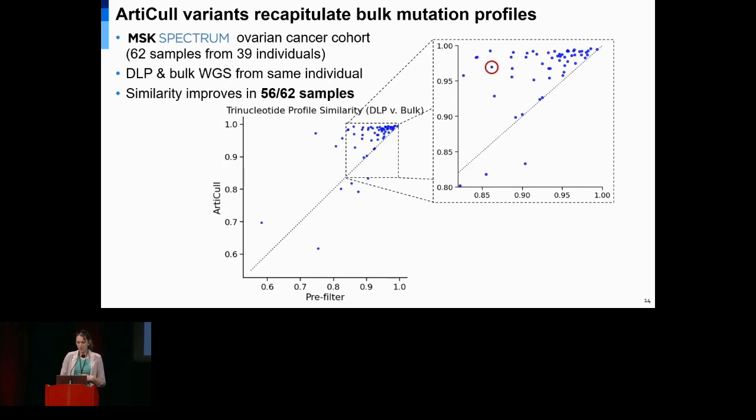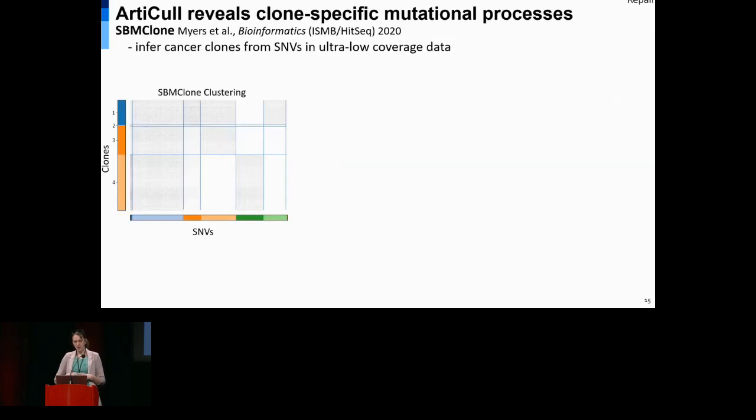I'm going to focus a little on one single patient here, where we have a considerable increase in similarity, and show that we actually find something fairly interesting. So we used SBMClone, which is a method for inferring cancer clones from ultra low coverage data based on SNVs.